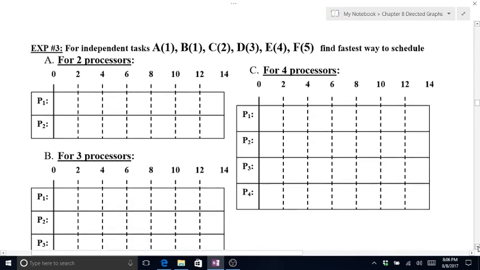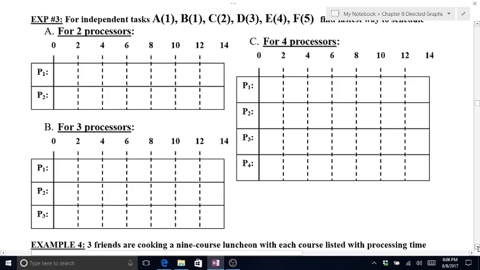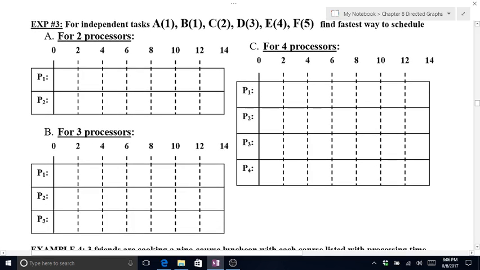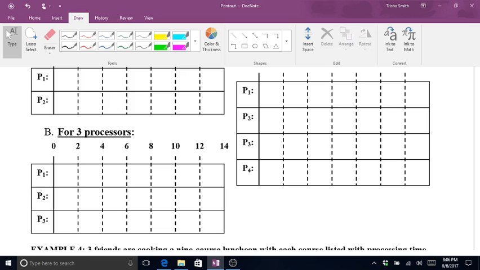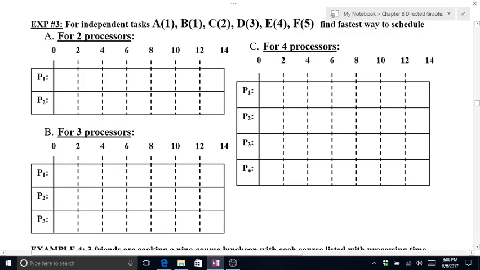Okay. Example 3. Let's see. Total time for these tasks are 1, 2, 3, 4, 8, 16 it looks like. 16 split by 2, we're looking at 8.